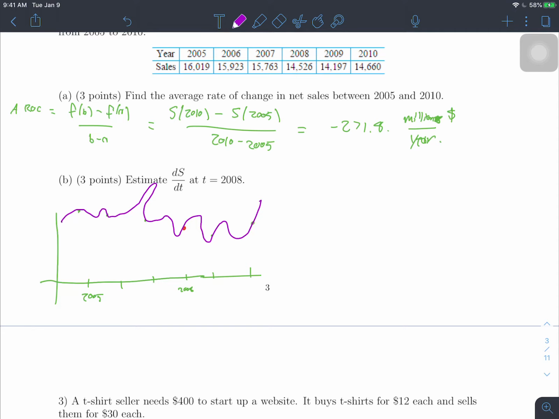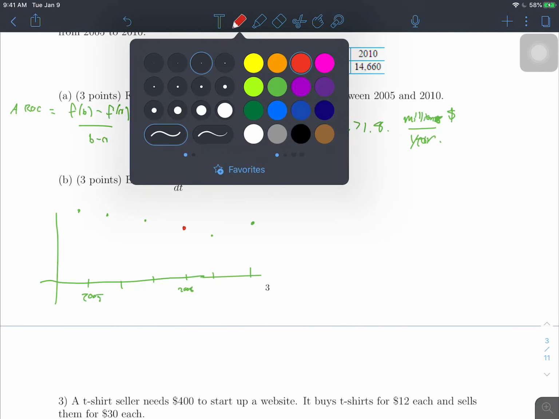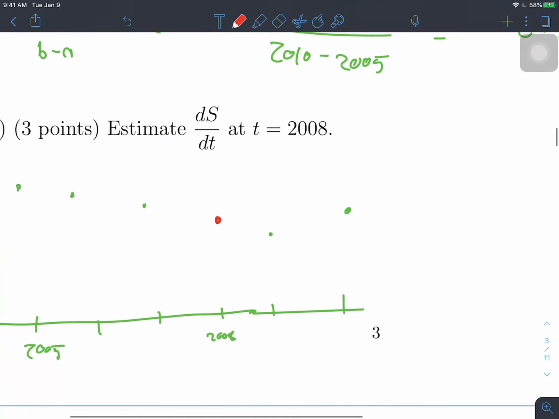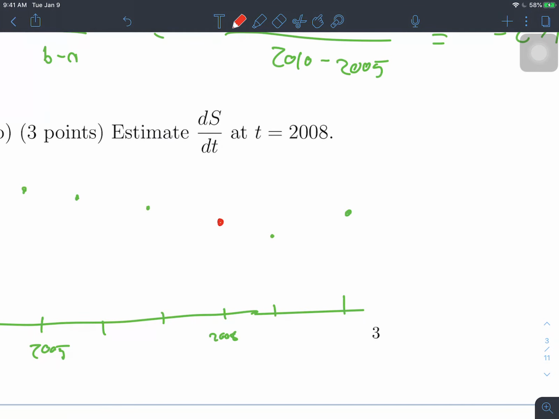But if we assume that it's not too crazy, then we can expect the rate of change at this point to be similar to the rates of change between these two lines.